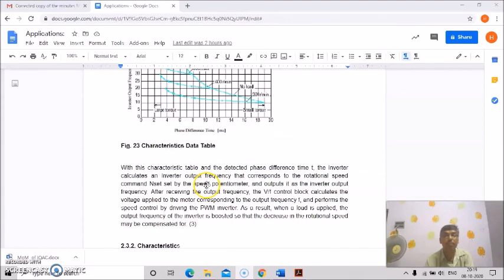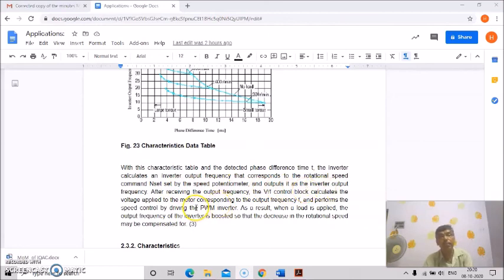With the characteristics of this data table and the detected phase difference time t, the inverter calculates an inverter output frequency that corresponds to the rotational speed command set by the speed potentiometer, and outputs it as the inverter output frequency.